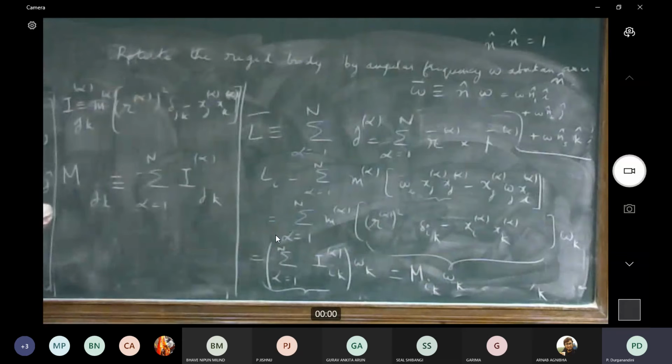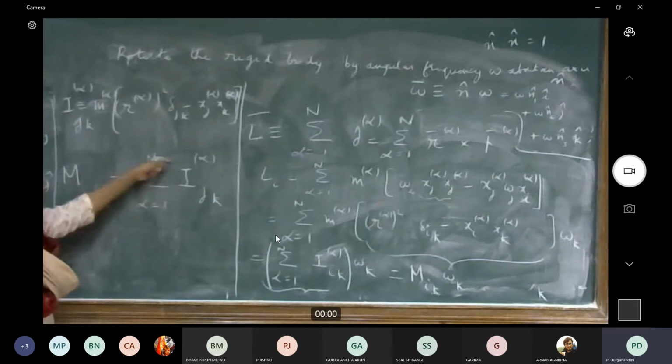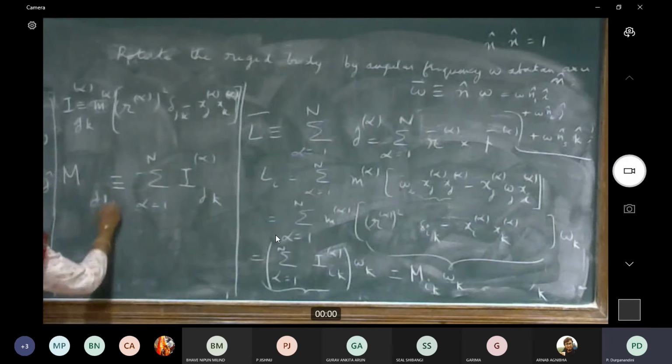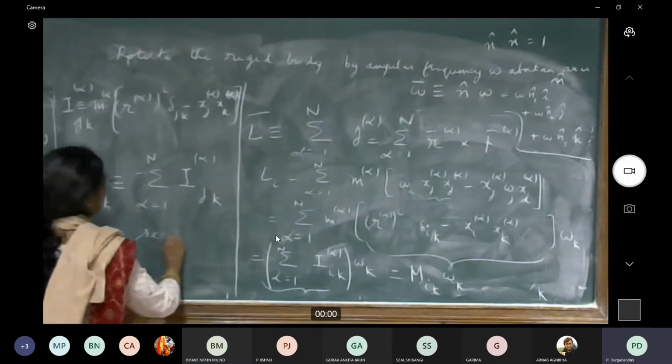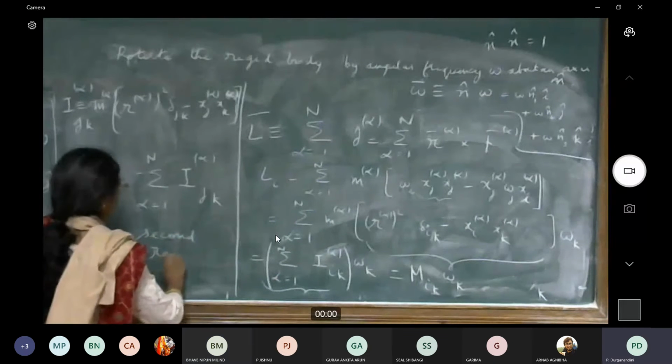Now you can also say that each of these is transforming like a tensor of rank 2, and I've summed up over n such tensors of rank 2. So this Mjk, how will it transform? It is a second rank tensor, because I've just added up n such tensors.